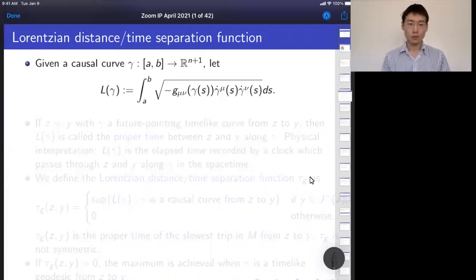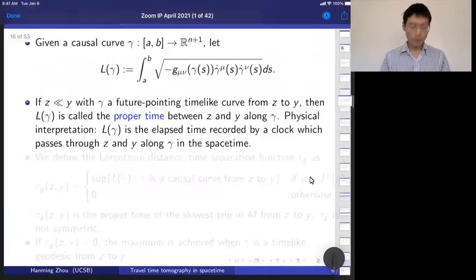Given a causal curve, we can define a functional on this family of causal curves by the following integral, similar to the usual definition of the length of a curve in the Riemannian case. If y is in the future of z, so there is a future-pointing time-like curve from z to y, then this functional of gamma is called the proper time between these two points along the curve gamma.